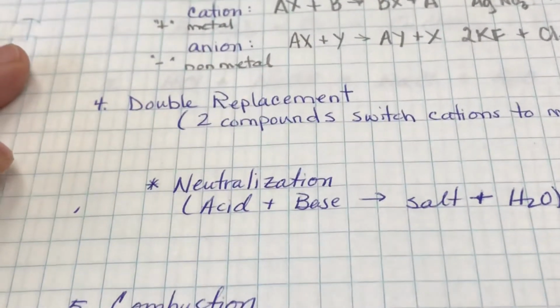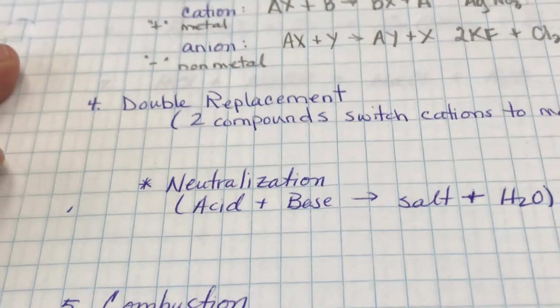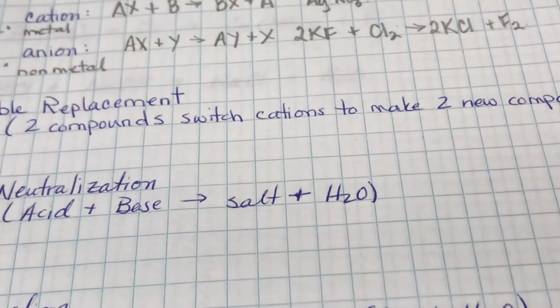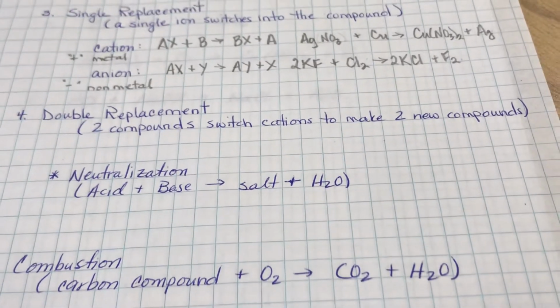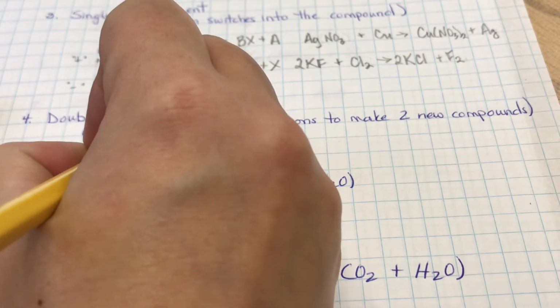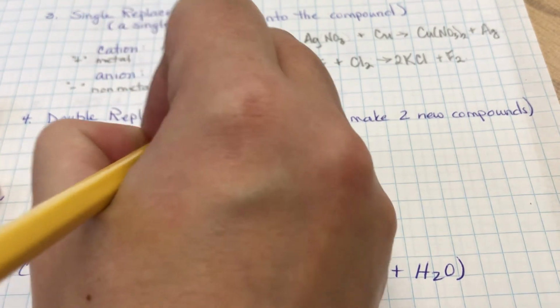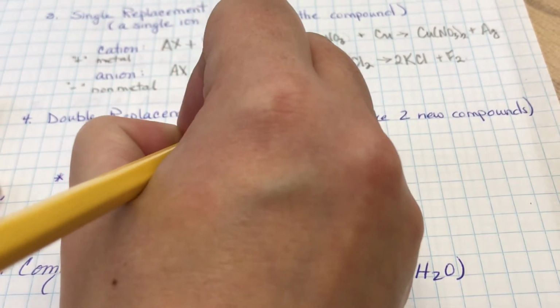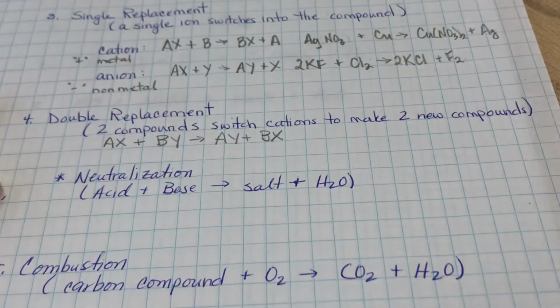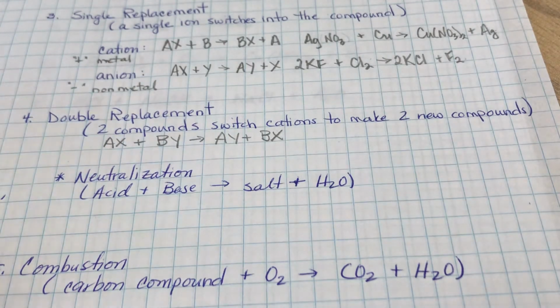Our next type is our double replacement. This is where we're going to have two compounds making two new compounds. So as we go through and we take a look at this one, you have your AX compound plus BY compound to give us a new compound and a new second compound. Nothing is left by itself.